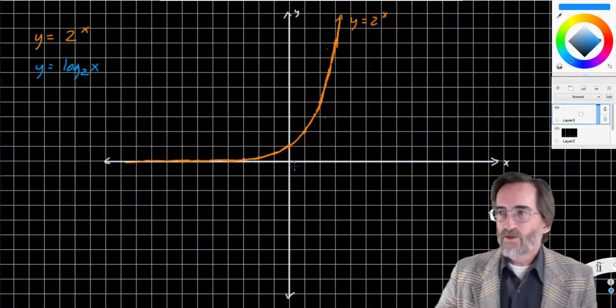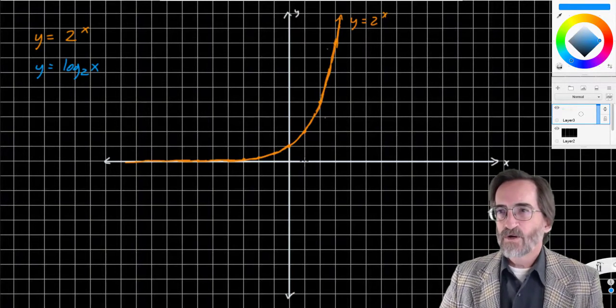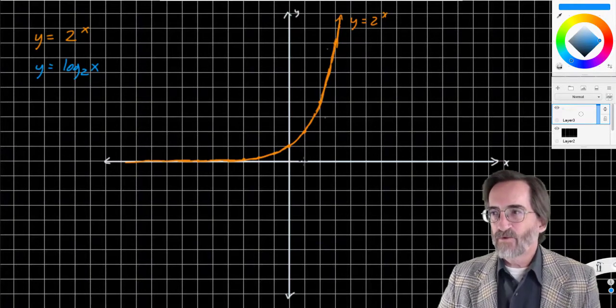So think of 1 for example. 2 to what power is 1? The answer is 0. 2 to the 0 power is 1. Go to 2. 2 to what power is 2? 2 to the first power is 2.